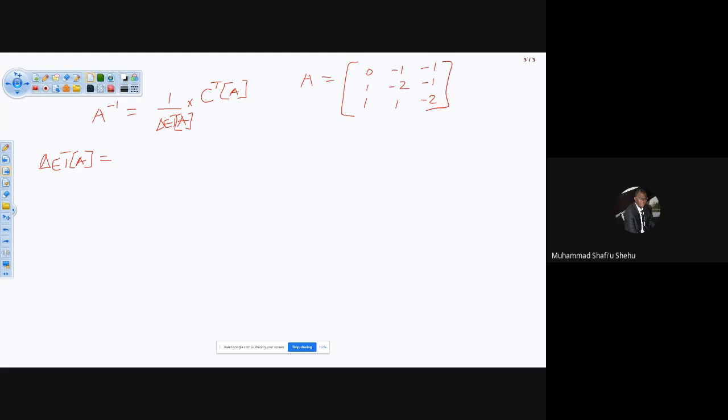So we have to take the 0 here and then we close the row and column. 0 into, we close, but remember this is plus, minus, plus. So we are on the addition side. So we are left with minus 2 times minus 2, which is 4, minus 1 times 1, which is another minus 1. Then the second one, we have a negative sign.